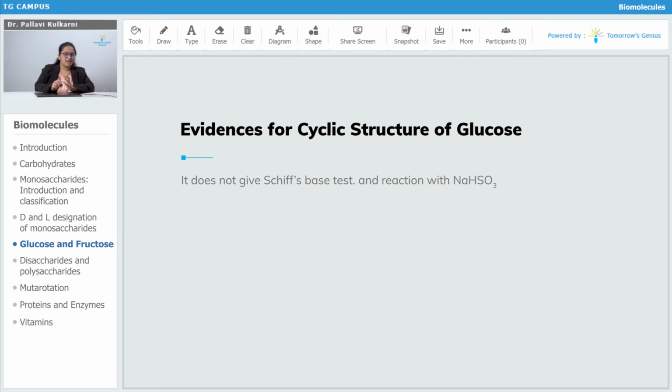For that purpose, I am writing the general formula for aldehyde, because we know glucose has the aldehydic functional group. R can be anything. Whenever any aldehyde reacts with amines, for amines also I am taking a general formula RNH2. R can be anything.